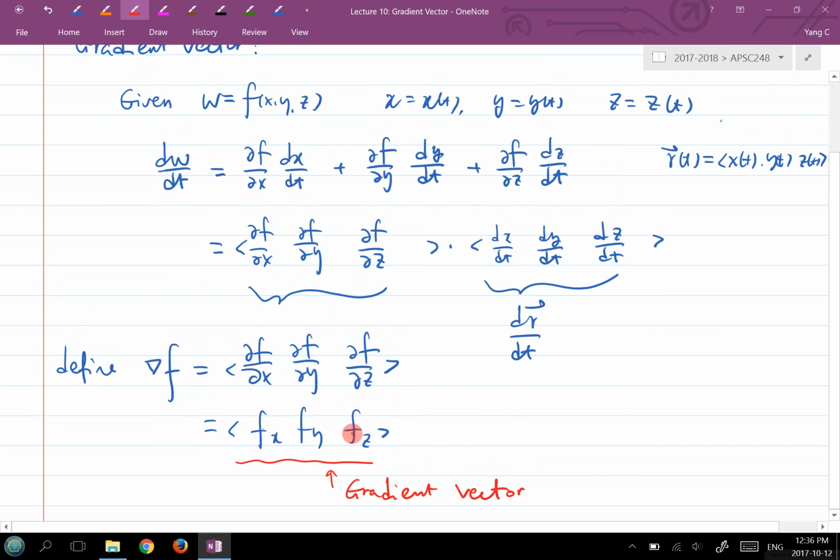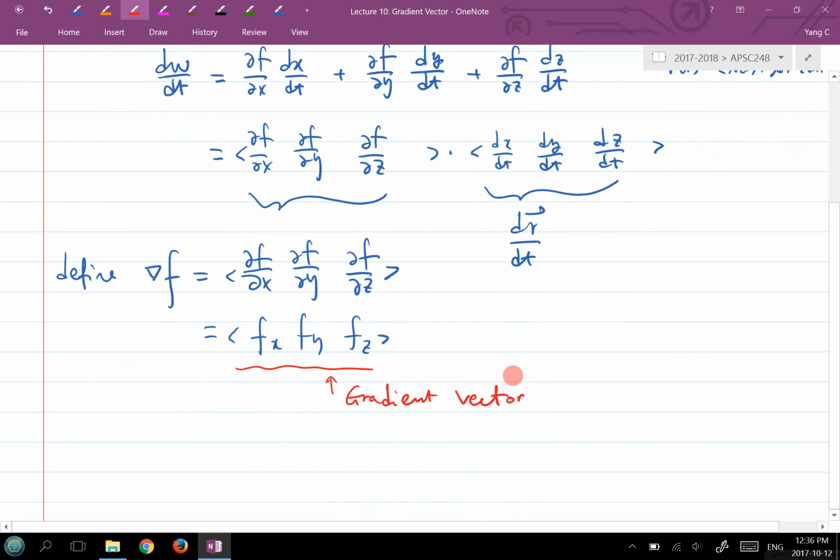If you plug in a specific x, y, z value into this vector, you get a specific gradient vector at a certain location. So this is the gradient vector at point x, y, z, a vector at a certain point.